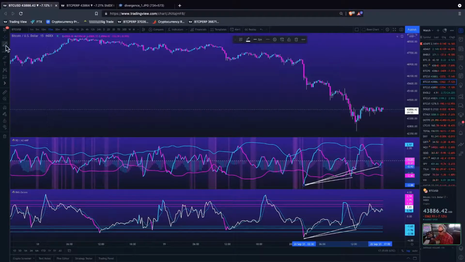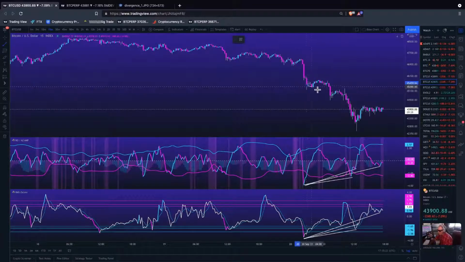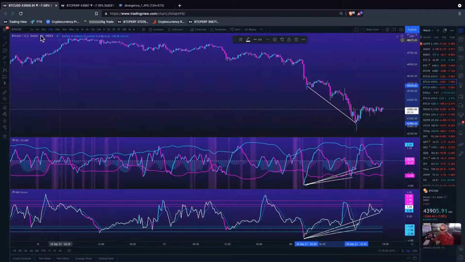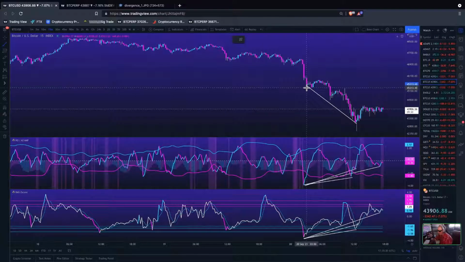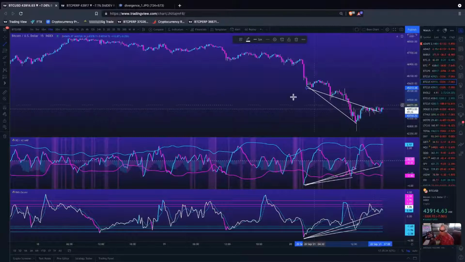You see all this bull div building on this 15-minute chart? Wouldn't be a bit surprised. I mean, this has been building for a while, since we started coming down from about 47 to 50. And there's little stabs all over the place, right?